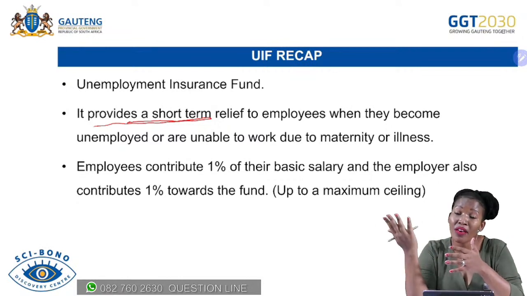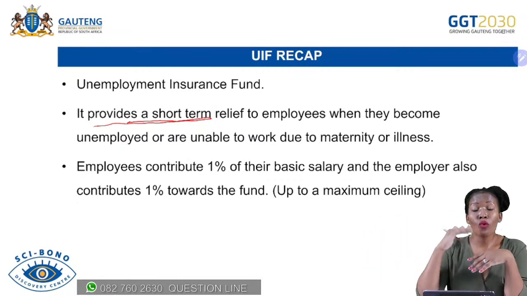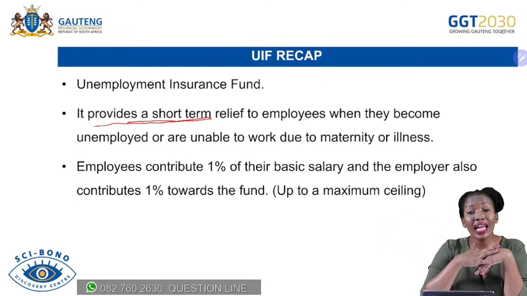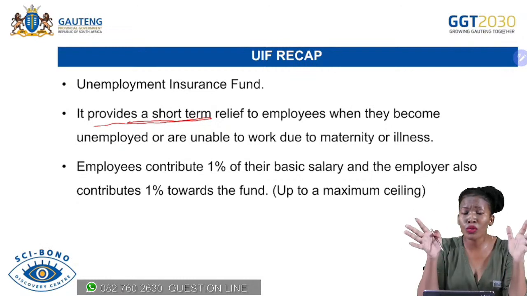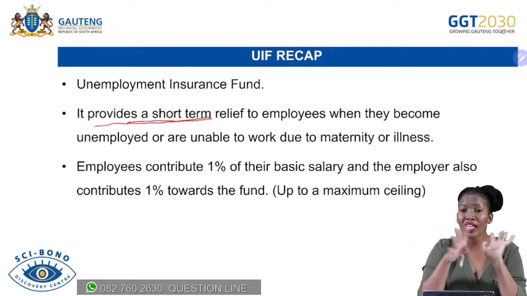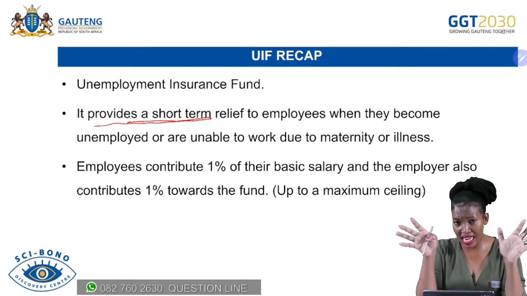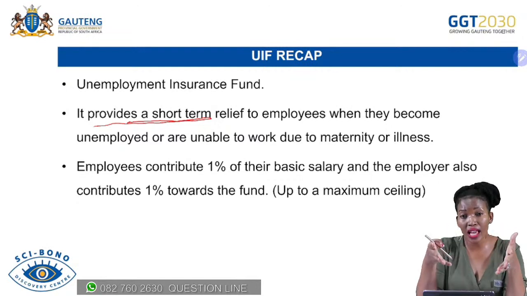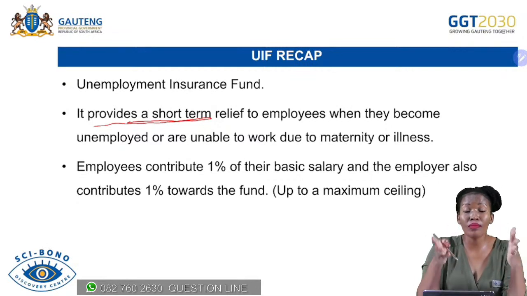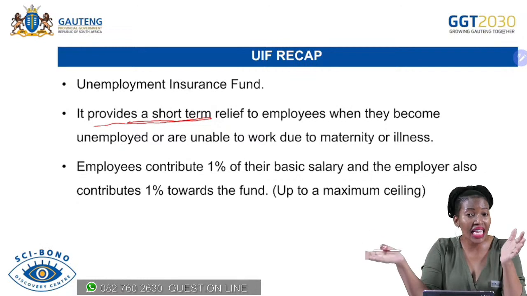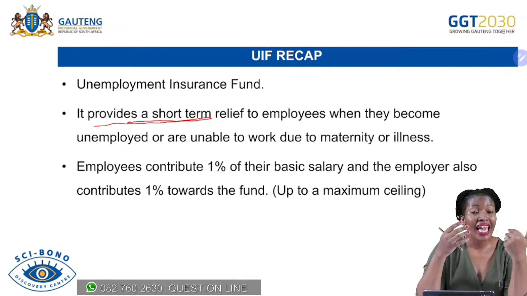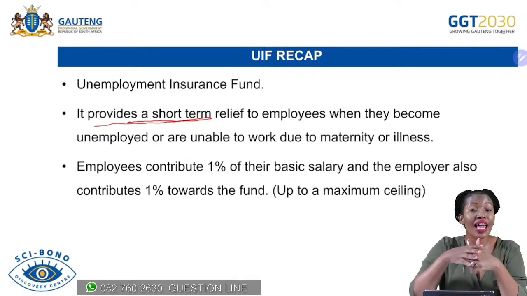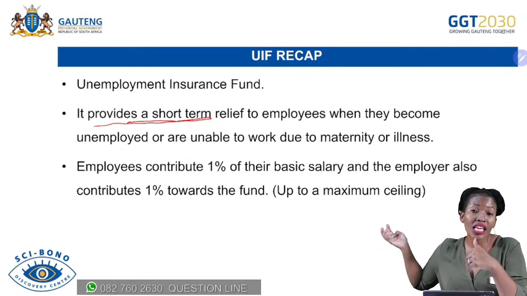And then I made a perfect example last week: in 2020, we saw our country going into a hard lockdown where all the shops were closed, your clothing shops, your furniture shops, your food outlets. Now, those people that are working there, remember, if they are not working, it means the shops are not making any money. So the employers are unable to pay their employees, and at the same time, the employees have families that they need to take care of.